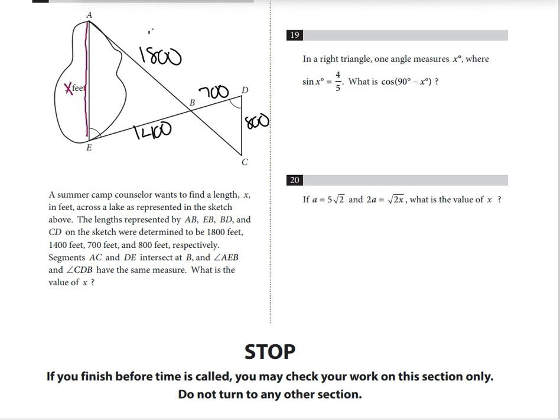Segments AC and DE intersect at B, and angles AEB and CDB have the same measure. What is the value of x?